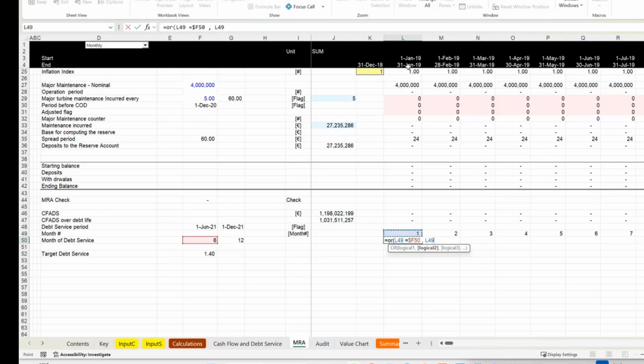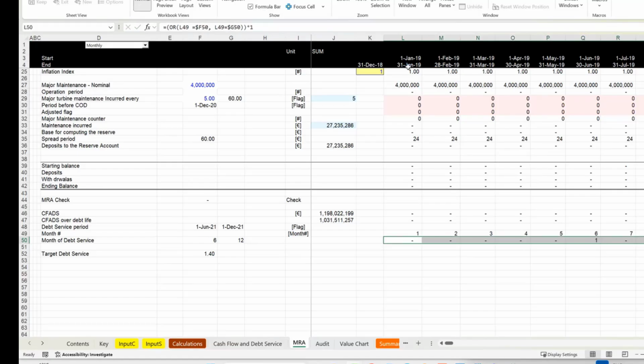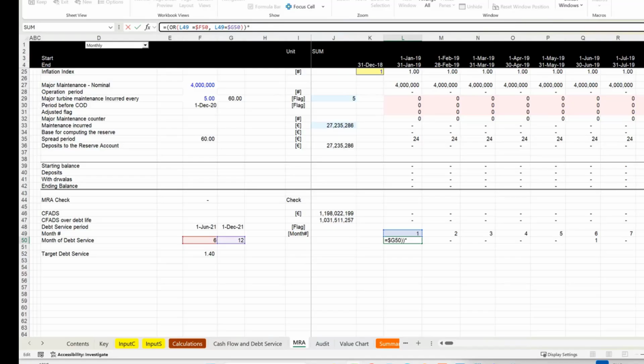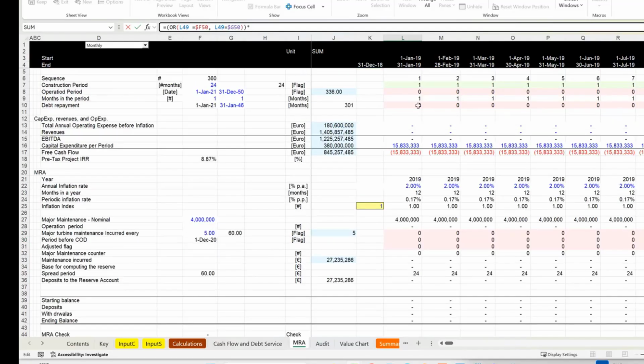And then take that same month number and equal to 12. And then Shift Control B and Shift Control R, and multiply that by the debt repayment period, by the way.